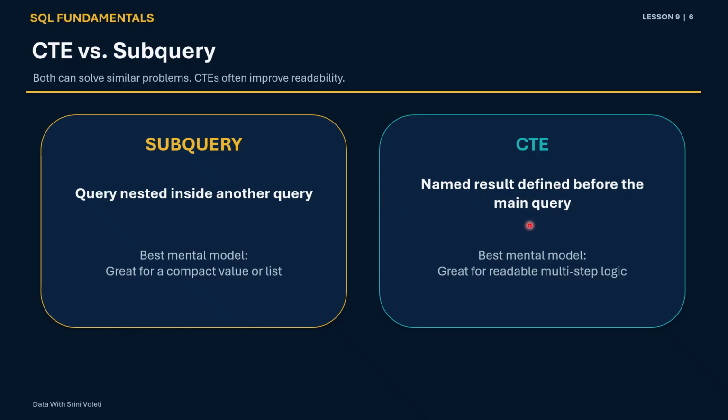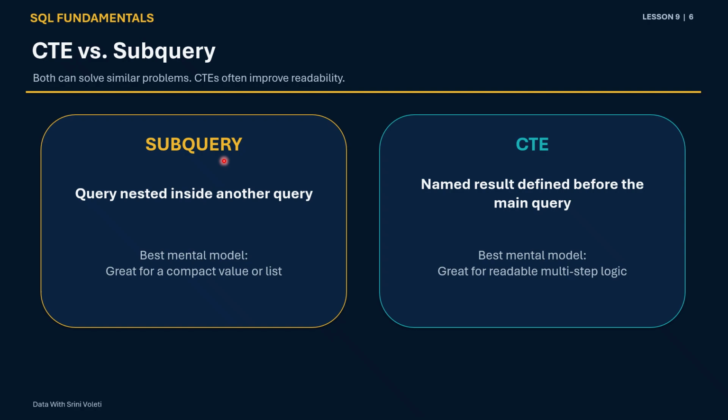For a short calculation, a subquery can be very compact and perfectly readable. For example, comparing a value against one average written as a scalar subquery may be simple enough that a CTE would add unnecessary structure. But when the intermediate result is important, reused within the statement, or represents a clear business step, a CTE can make the logic easier to follow.